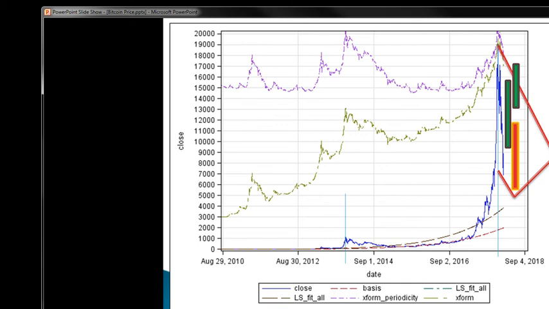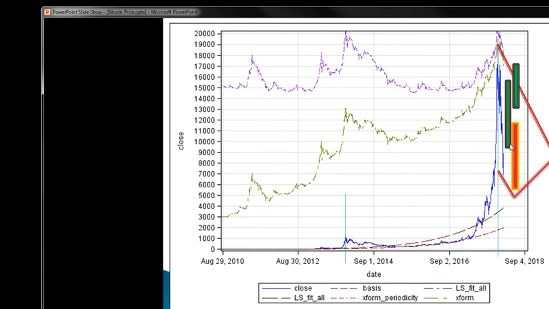So 9,000 is here, so Bitcoin is somewhere here, and I predict it could go to at least 9,500 somewhere here, but anywhere between 9,500 and 15,000 is reasonable.